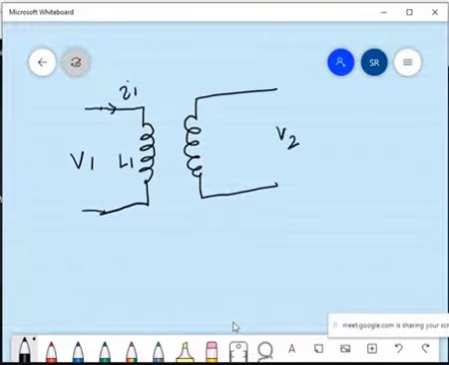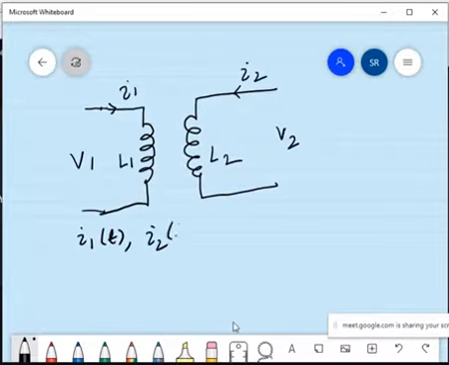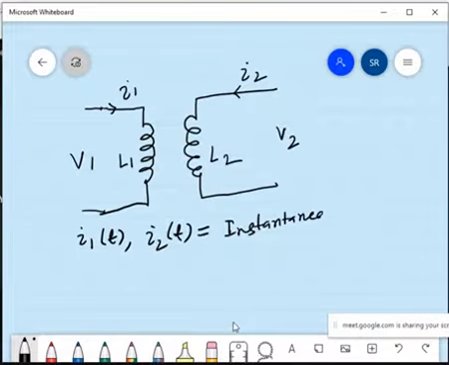Here the voltage is V2, current is I2, inductance is L2. So here we can see two coils with inductors L1 and L2 placed close together. Let the currents be I1(t) and I2(t). I1(t), I2(t) means instantaneous current.